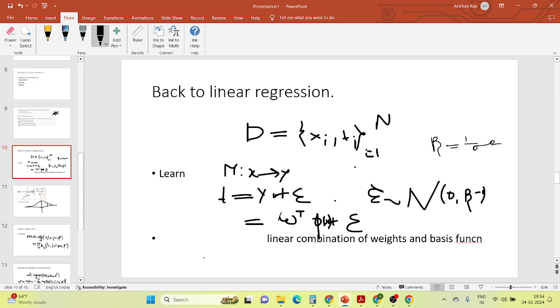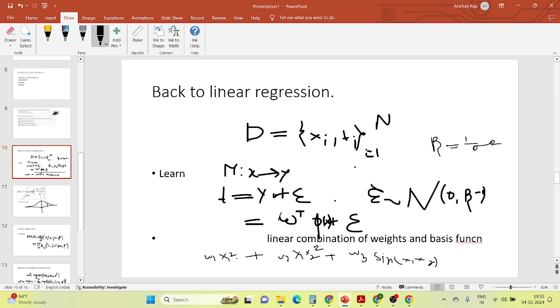Suppose this is w1 x1 square, and then w2 x1 x2 square, this is x1, this is w3 sine x1 x2, any type of function.